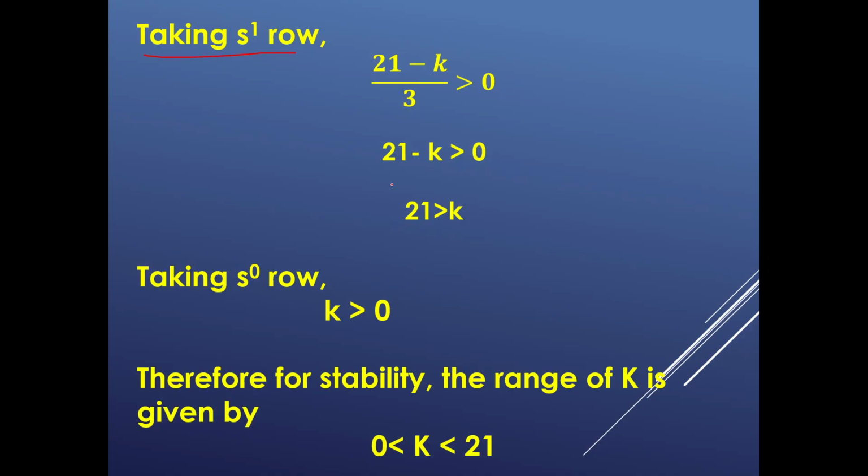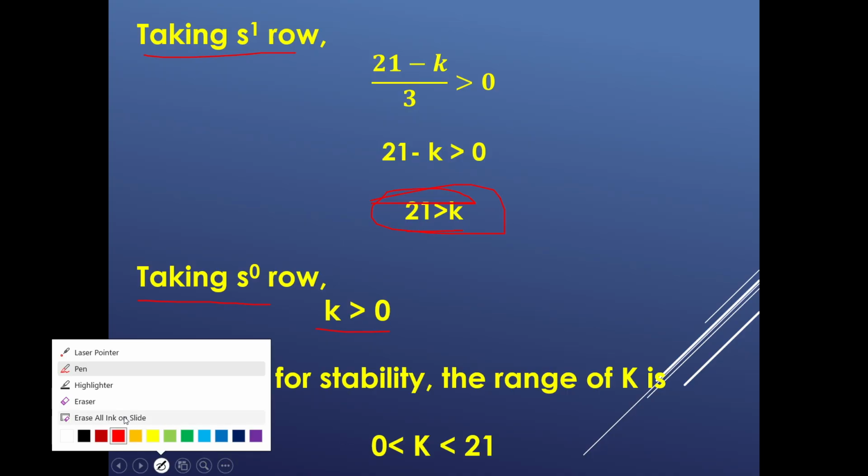So it is greater than 0, just simplify it, what do you get? 21 is greater than k, means k is less than 21. Similarly, consider the next row, s to the power of 0 row. There we have already assumed, for the system to be stable, k should be greater than 0. So what is the range of k here?